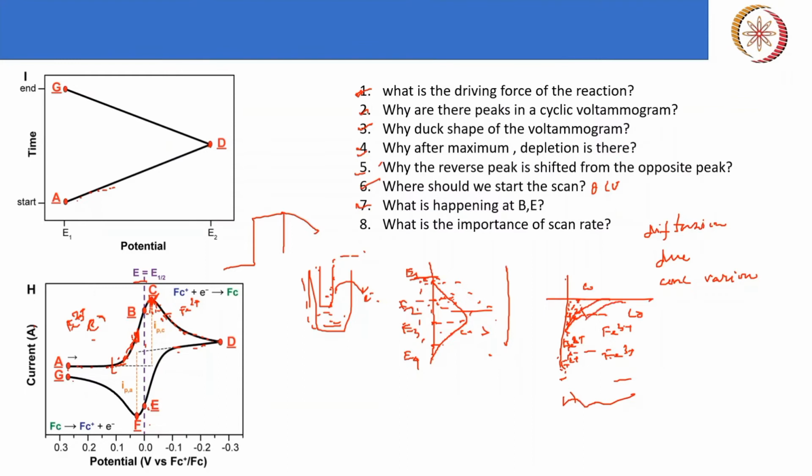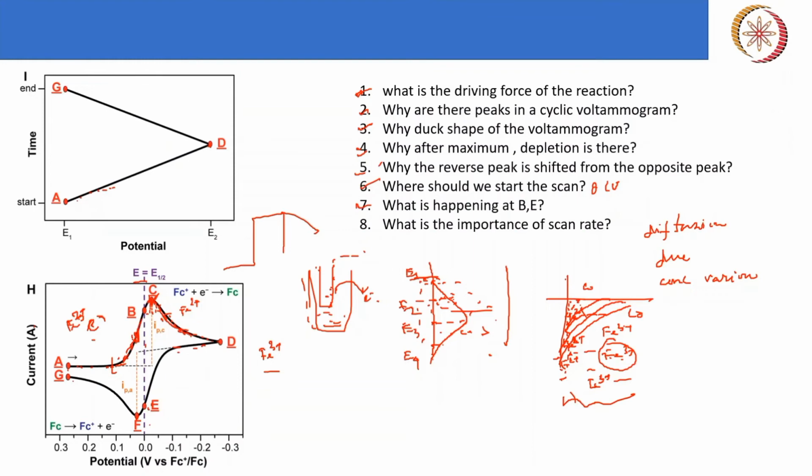Now, at a particular time after the maximum, the probability of Fe3+ coming to the electrode surface is decreasing. As a result, the amount of Fe3+ on the electrode surface also decreases. For this reason, the current value decreases.